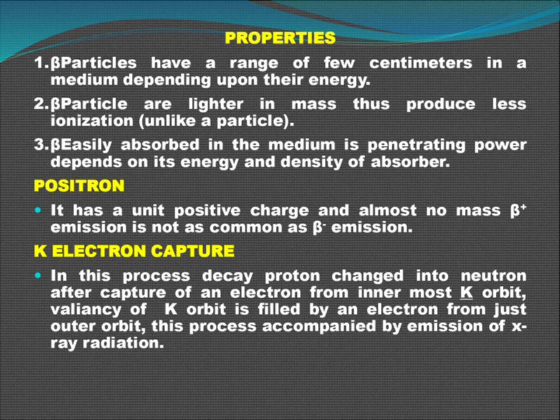But in excitation, no electron is removed or attached, but just one electron is sent to a higher energy level, means sent to the higher orbits, and then the same electron returns back with the production of a characteristic X-ray. This is basically the philosophy of ionization and excitation.